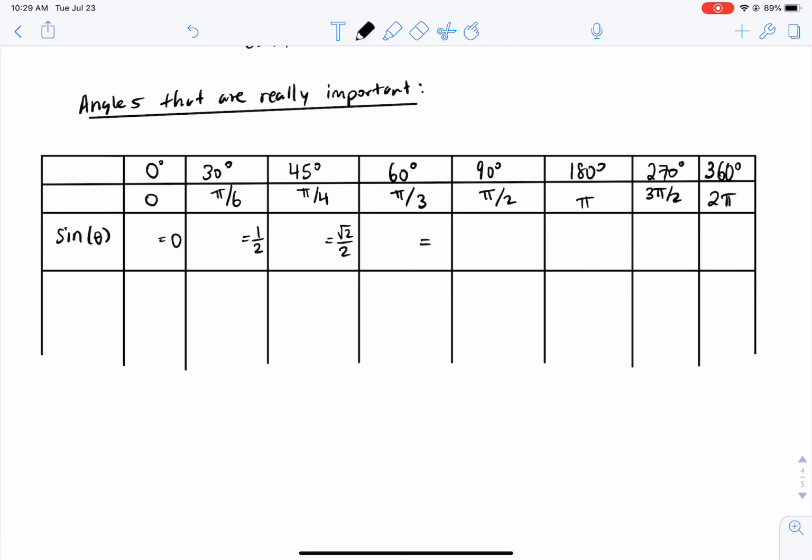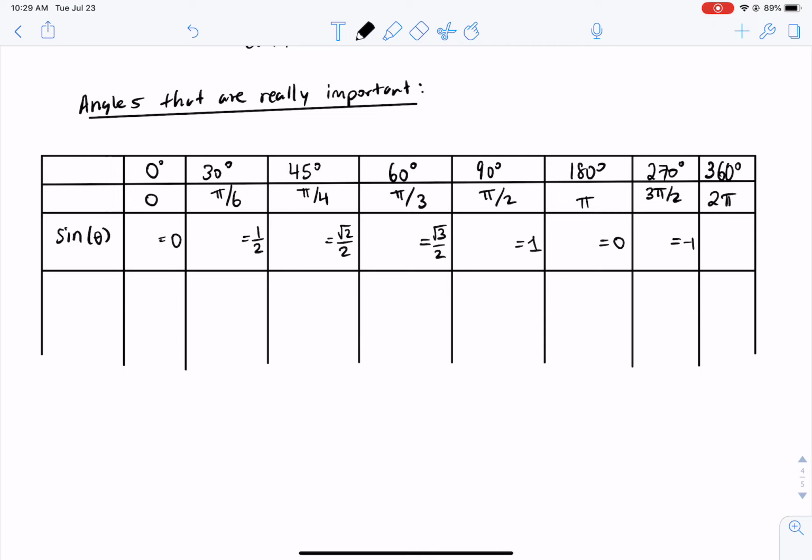Then 60 degrees, that's going to be radical 3 over 2. Sine of 90 degrees will be 1. Right? Sine of 180 degrees, 0. Yeah, 0. So how do you remember this? I will tell you that in a minute. And then 270 degrees, -1. Yeah, so for this one it will be -1.